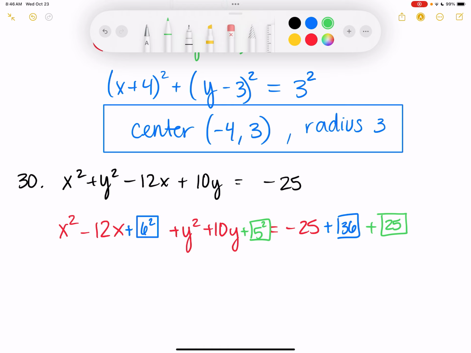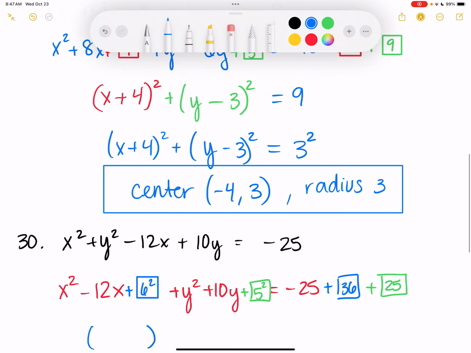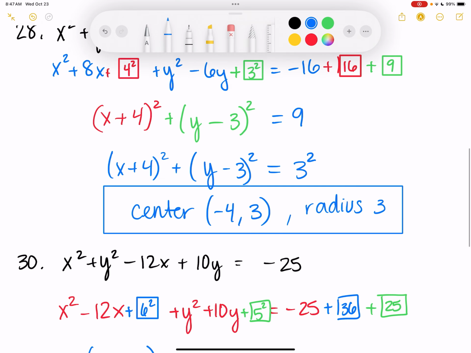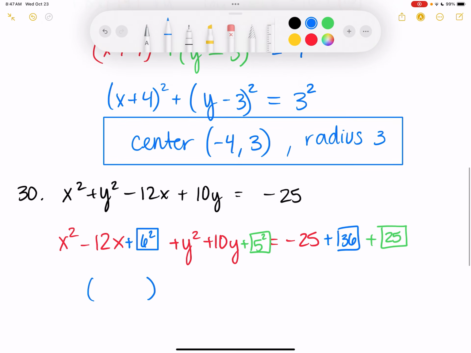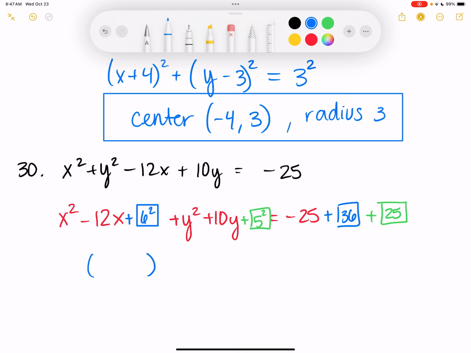So now, what would my perfect square trinomial be for x? Like if I wrote this in factored form, what would it be? Look back up there for reference. x plus 6. So whatever the middle term sign is the sign. So this will be x minus 6 squared.